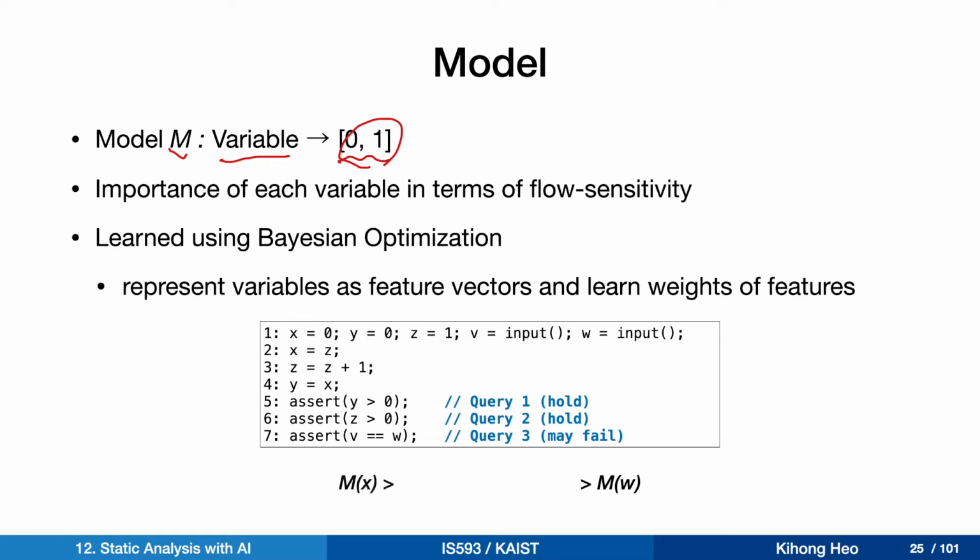Instead, variable X seems very important in terms of flow sensitivity because it is assigned in different locations, so the order is quite important. In the same way, we can build a model that ranks the importance of variables as follows. So now we have this model that describes the importance of each variable.